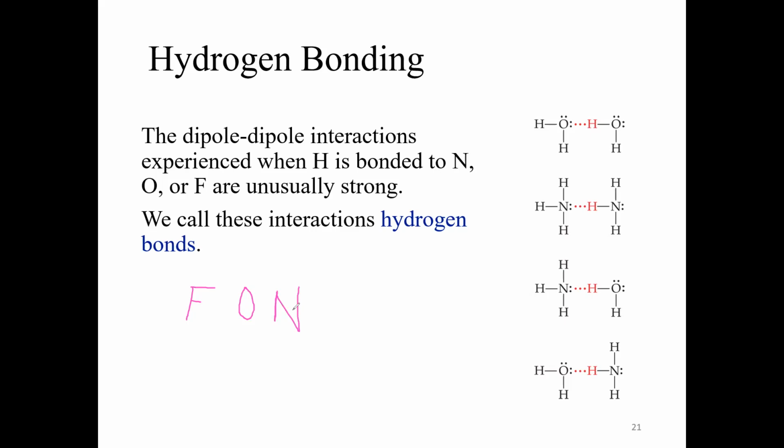But if they're not bonded directly to one another, we're not going to have the electronegativity difference we need in order for hydrogen bonding to occur. But like I said, we're going to have essentially a dipole-dipole interaction. It's just going to be because oxygen or fluorine or nitrogen are going to be extremely electronegative. We're going to wind up with essentially the largest dipole-dipole interaction we can.